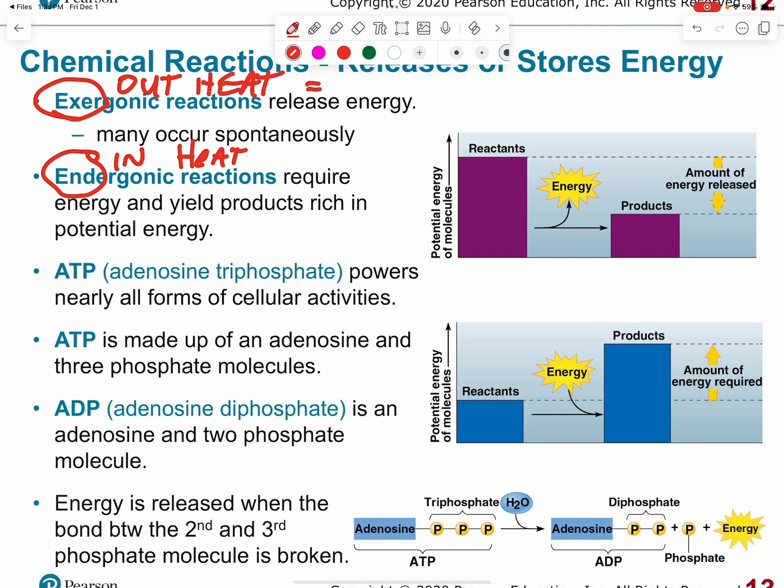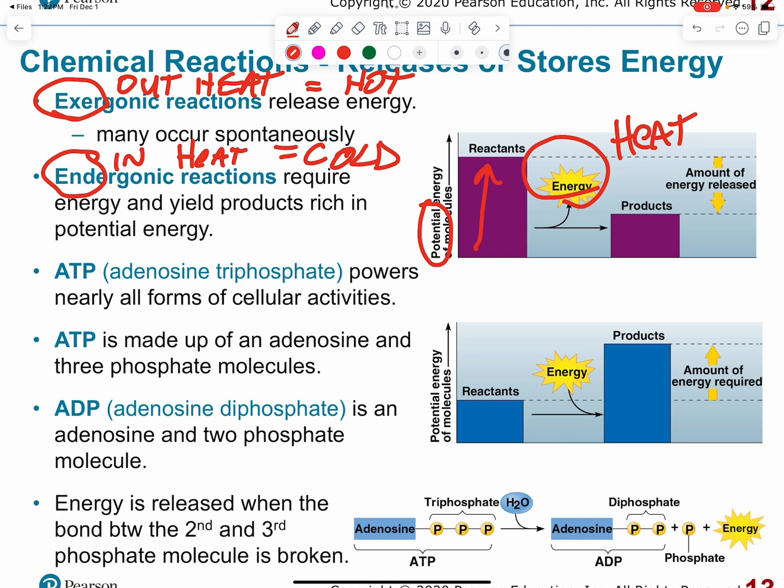In other words, this guy gets hot, and this guy gets cold. So this is high potential energy. So the reactants have more energy stored in them than the product, so a lot of energy is given off as heat. That is an exergonic reaction.